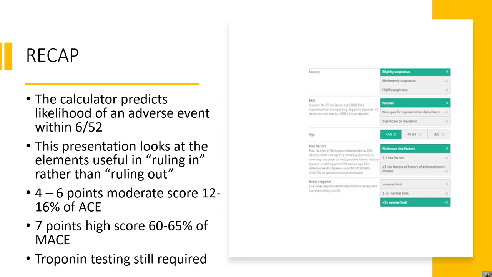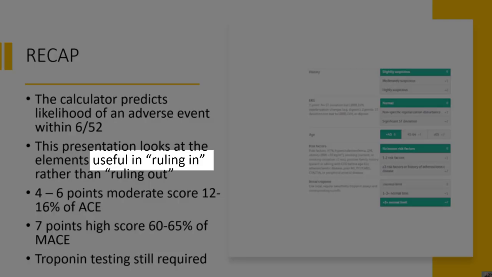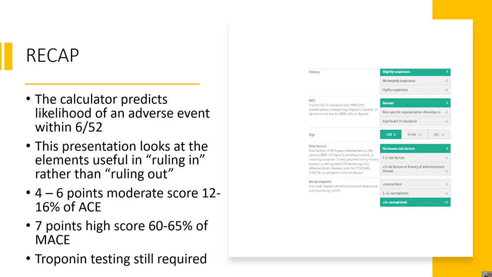So let me just recap where we're going here. The calculator is not specific to the likelihood of ACS in the here and now, and instead calculates the short-term risk for the patient over the ensuing 6 weeks. However, it does offer paramedics structure as a rule-in process and provides objective support for the existing heuristic that we employ to look at all pain as cardiac pain until proven otherwise.